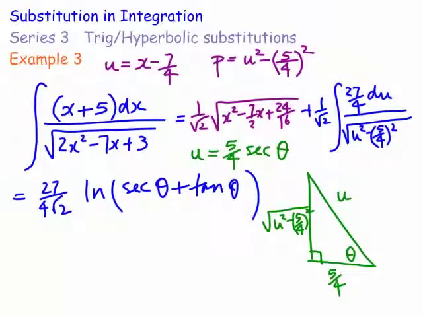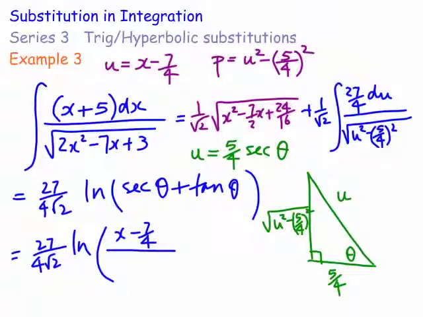Now we need to substitute this back into sec theta and tan theta. So this is equal to 27 on 4 root 2 times ln of sec theta, which is u over 5/4, and u was x minus 7 on 4 over 5/4, which we'll simplify in a minute, plus tan theta.